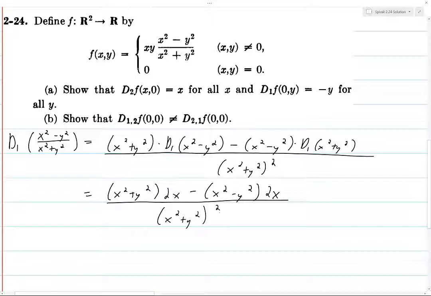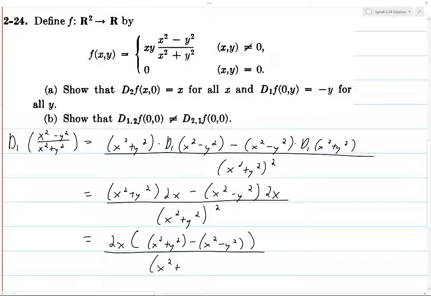What we can do now is factor out 2x, since there's a factor of 2x in both terms on the top. So we have 2x times x squared plus y squared minus x squared minus y squared, divided by x squared plus y squared squared.